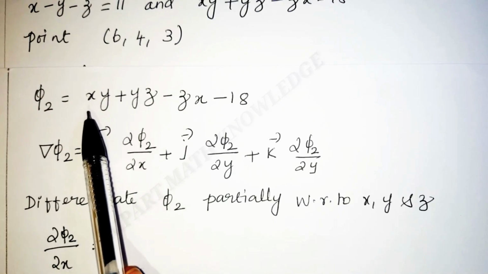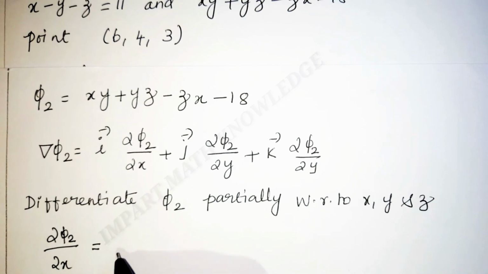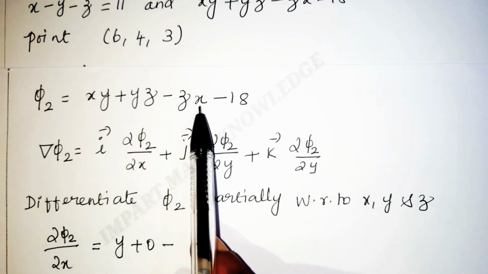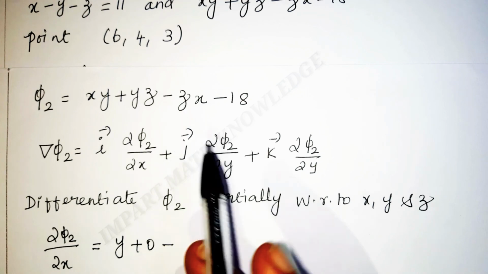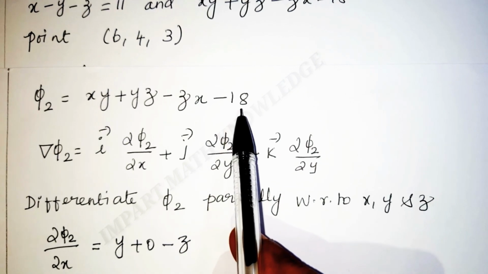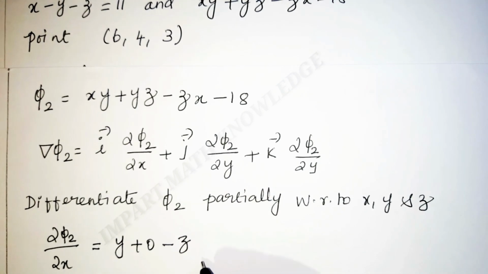The first term contains x, the differentiation of x is 1, so 1 into y is y. Second term, no x, so 0. In the third term x is there, the differentiation of x is 1, so 1 into minus z is minus z. And the last term is constant, so 0. So dou pi 2 by dou x is equal to y minus z.